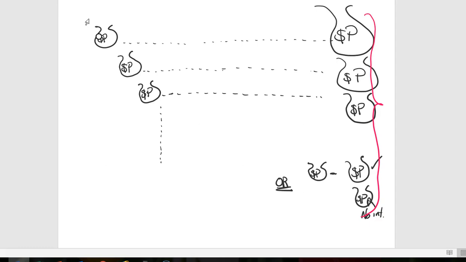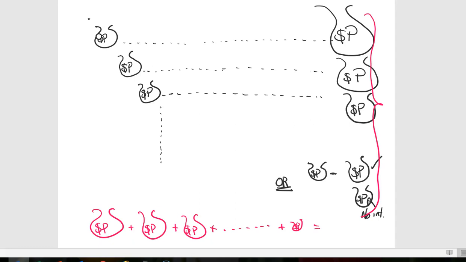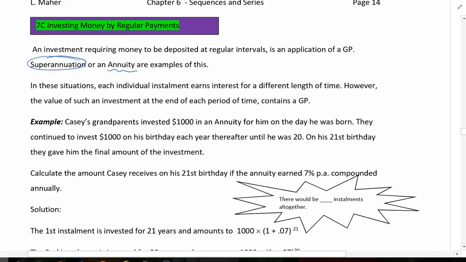Now, the whole thing won't be a GP, but within it, there'll be a GP. So you'll have a big first instalment, a little bit smaller, and this is going on and on and on, and we're summing up all of these, and that would equal our total investment. Okay, I'll go back to the notes now.